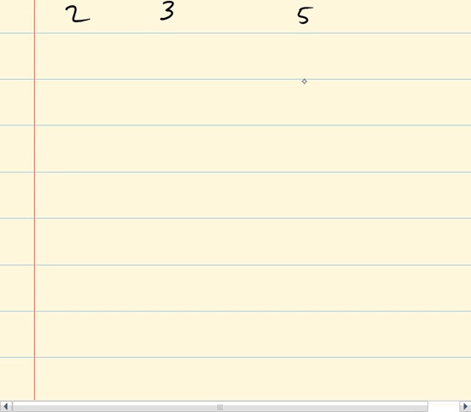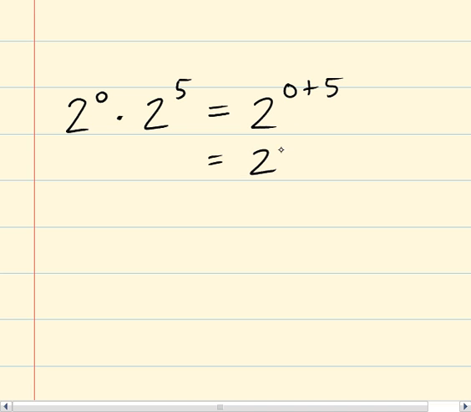For example, if you didn't know what 2 to the 0 was, you could figure it out like this. Take 2 to the 0 times, just for an example, some other power of 2, like 2 to the fifth. According to the rule about adding the exponents, we would get 2 to the 0 plus 5, which is also 2 to the fifth. So 2 to the 0 times 2 to the fifth equals 2 to the fifth. So what should 2 to the 0 be equal to?